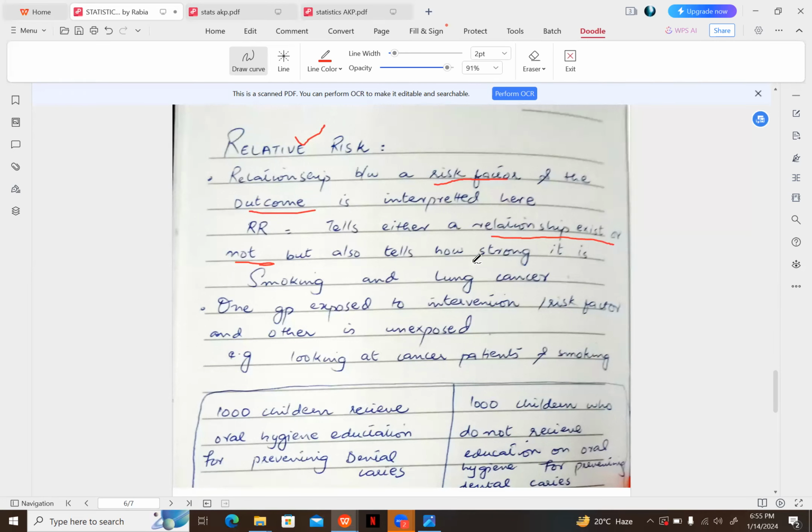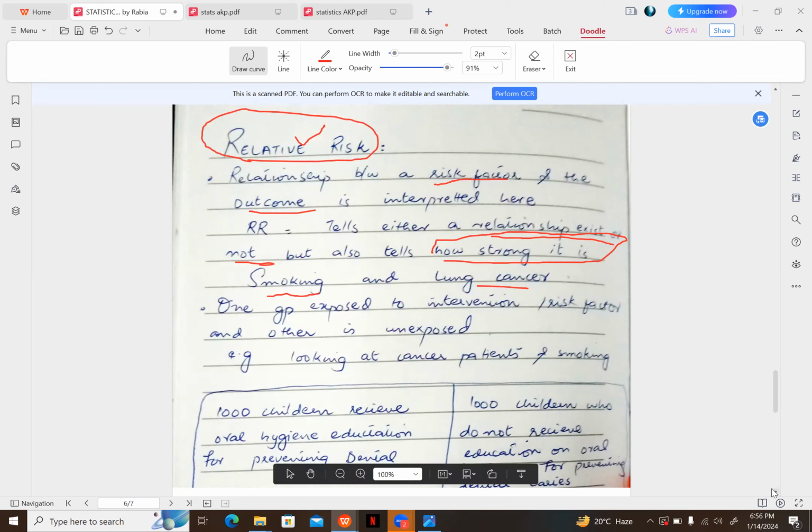Two pieces of information it provides. The example you can keep in mind is smoking and lung cancer. For this kind of study, where you see how many smokers got lung cancer, this relative risk parameter is very useful in interpreting the studies, okay? One group is exposed to the intervention or risk factor and the other is unexposed.